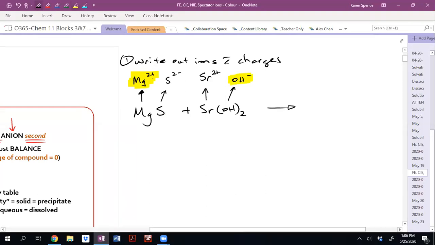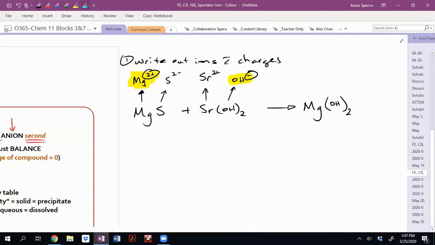The correct formula for Mg2+ with OH- is Mg(OH)2. How many OHs do we need? Two, yes, we need two of them. So that's our first product.